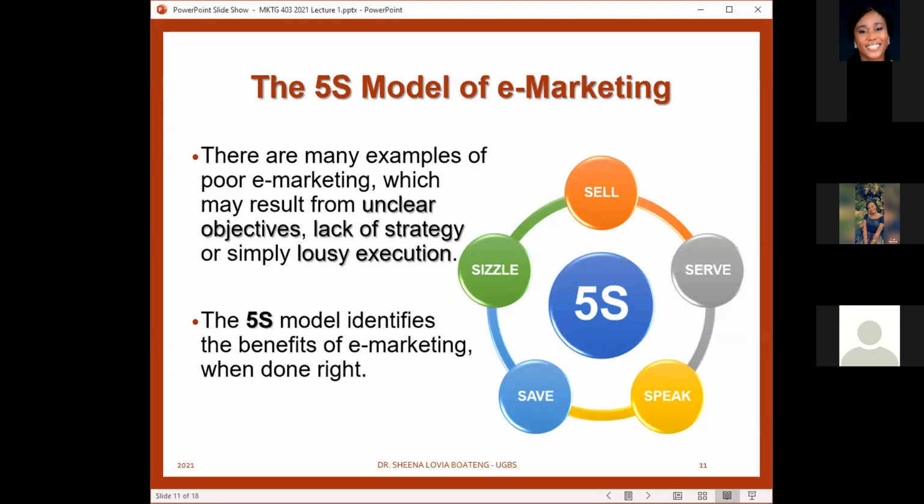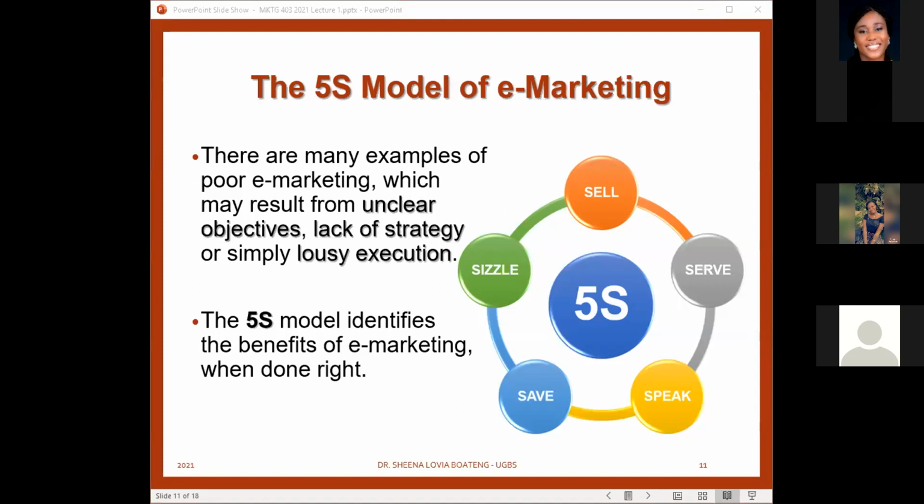And this can be explained using what we refer to as the 5S model, which was developed by Shafi and Shadri, which tells us about 5 dimensions that underpin the benefits that a firm can gain from e-marketing, all of which begin with an S.